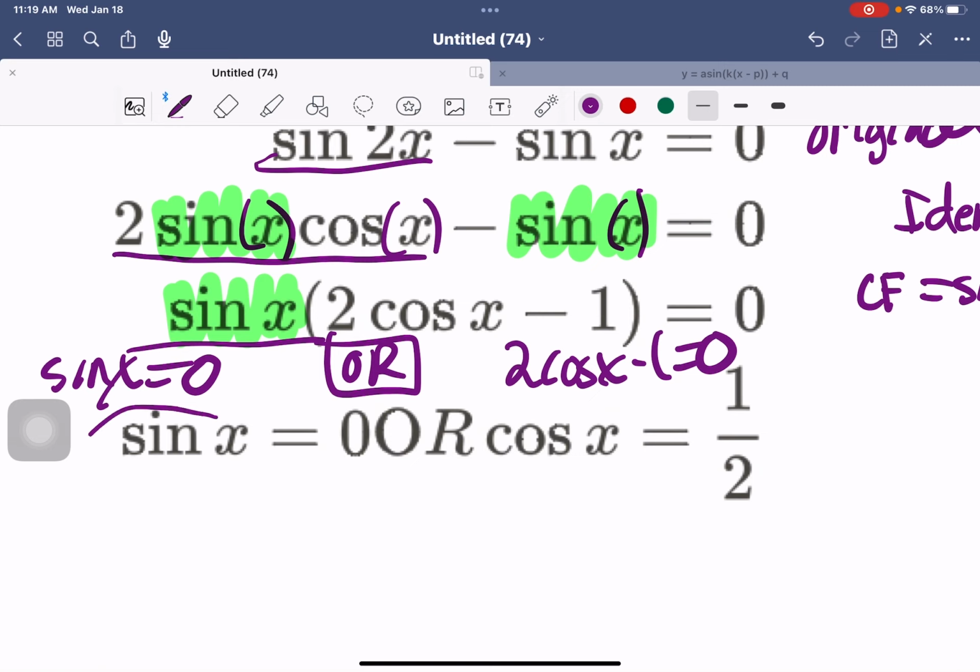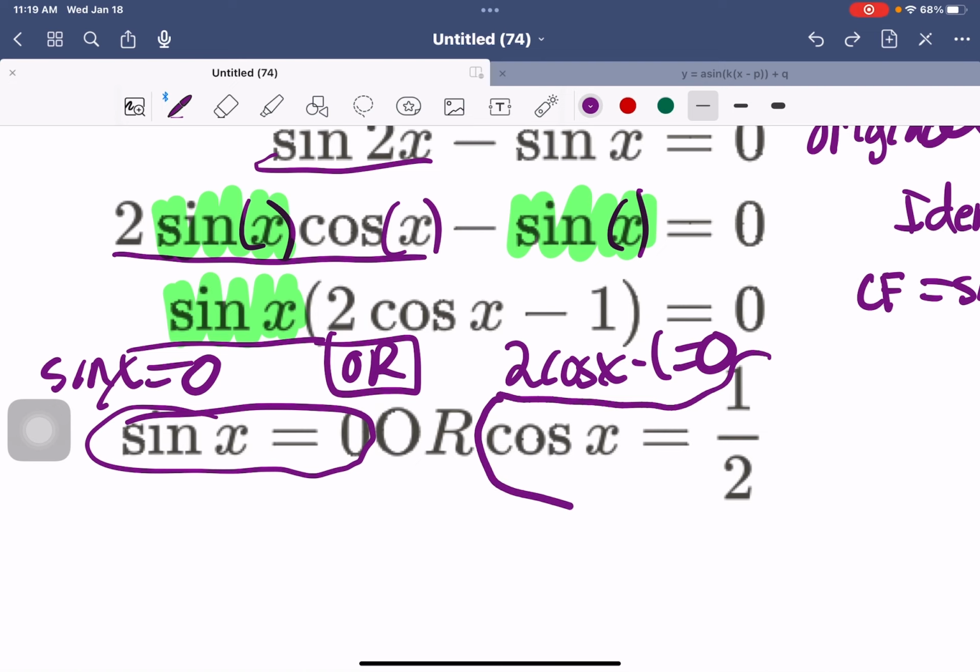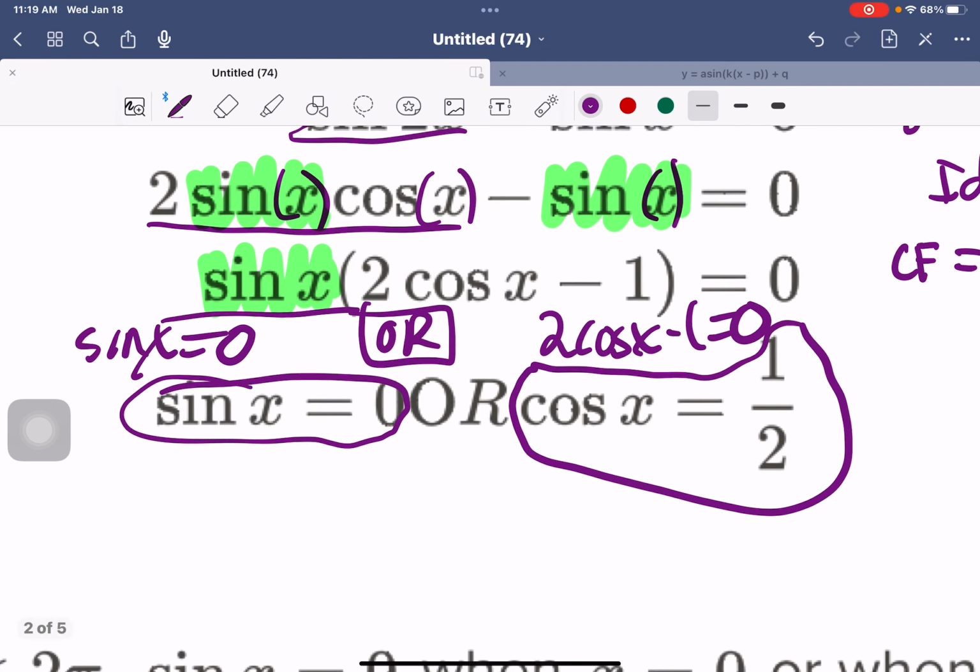And once I do that, well, obviously sine x is 0. Or cos x is 1/2, right? Cos x is 1/2, because I have 2 cos x minus 1 equals 0, add 1, divide by 2.